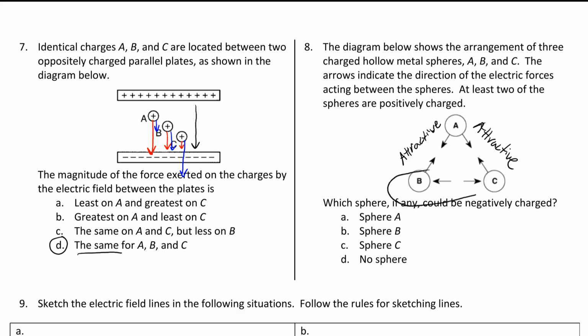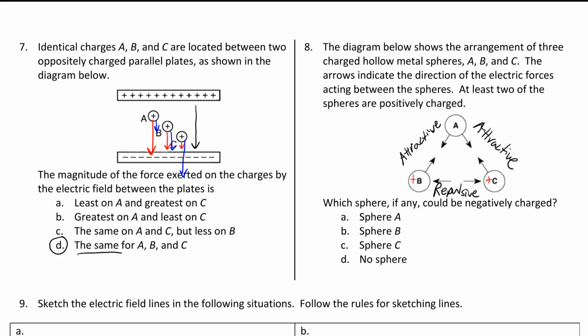All right, let's look at B and C. B is being pushed away from C, and C is being pushed away from B. So there's a repulsive force there. And if we know that two of them have to be positive, and we know that there is a repulsive interaction here, then we know that B must be positive, and C must also be positive.